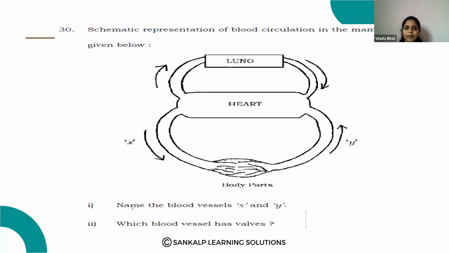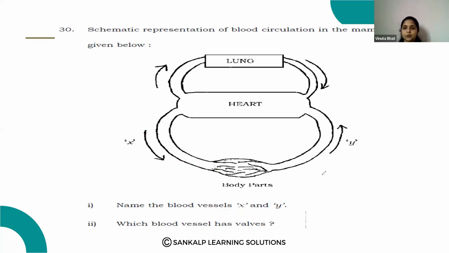Here name the blood vessels X and Y. From the heart to the different body parts, the blood is moving, so you can call it the arteries.